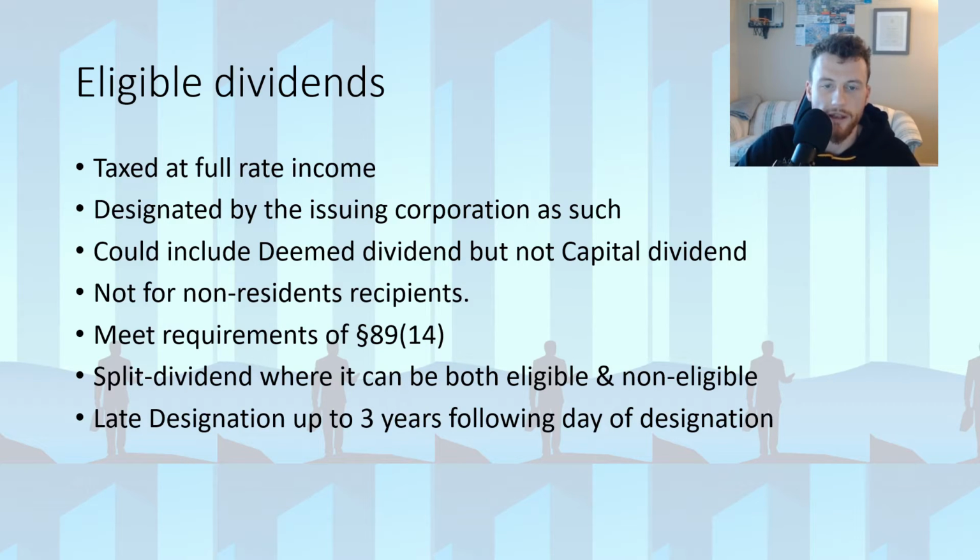This is where the corporation has to declare and notify the recipients that it is an eligible dividend. Public corporations have to make a public statement, and there has to be a suitable method for CCPCs to notify the recipients that it is an eligible dividend and hence to be treated as such on their personal tax return.